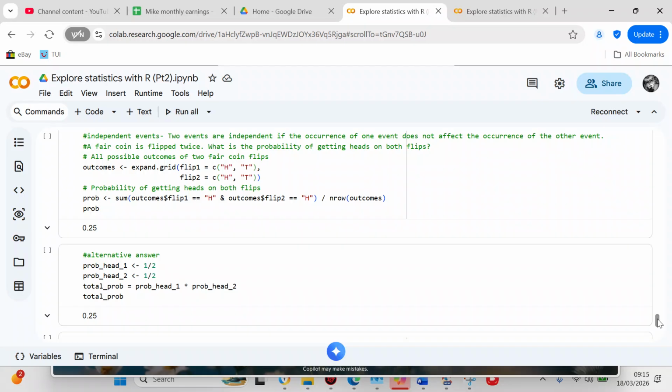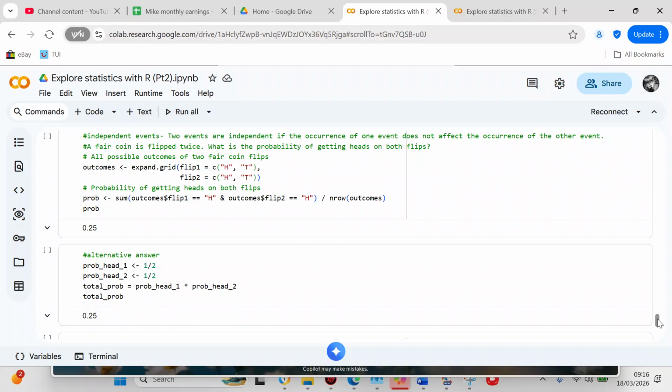So outcome becomes expand.grid(flip1 = c("H", "T"), flip2 = c("H", "T")). H is heads, T is tails, and you create a vector because the c and the brackets means you're combining elements to create a vector.